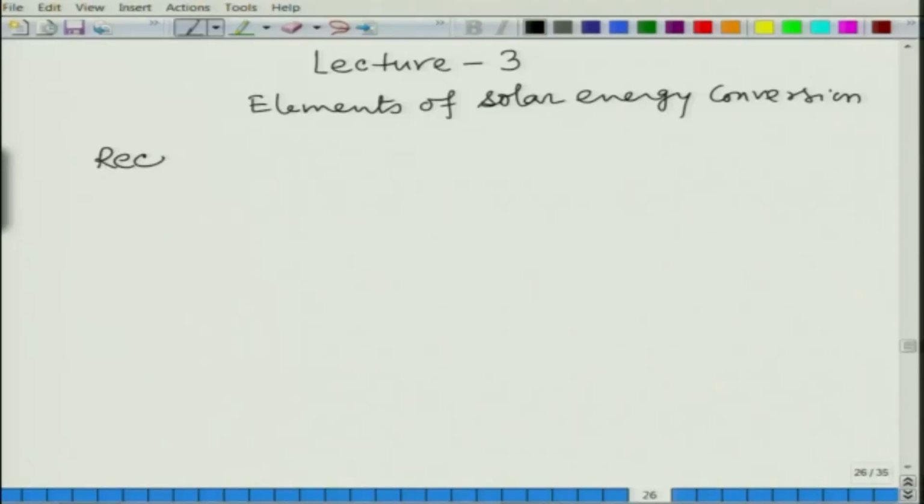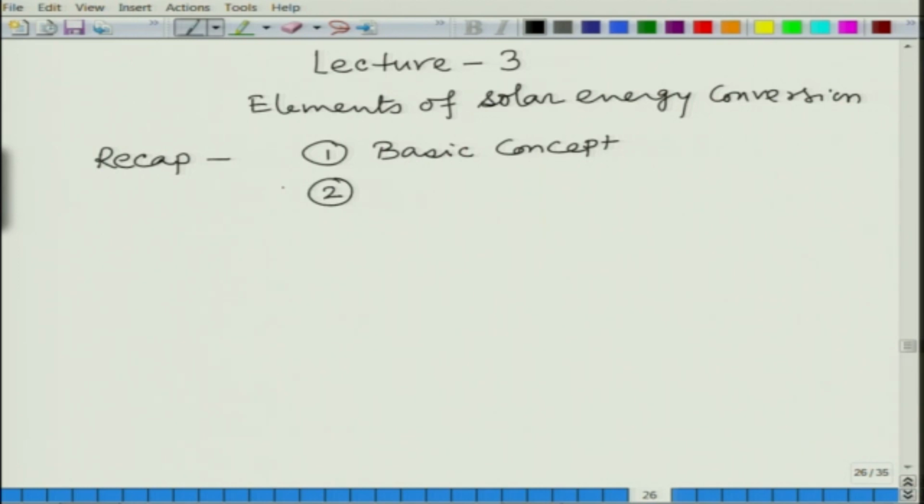So, in the first two lectures what we have covered so far are the basic concepts related to the solar energy that is coming onto our earth.